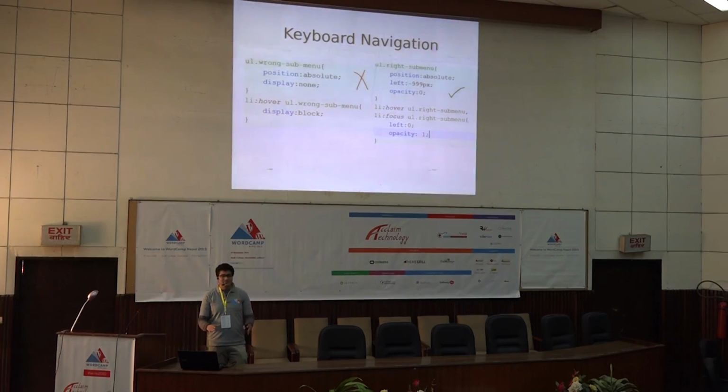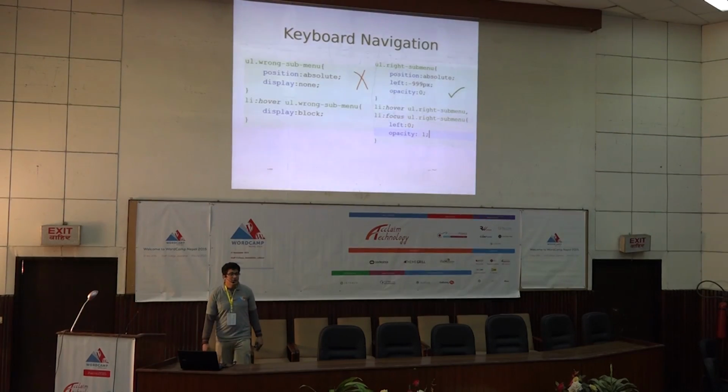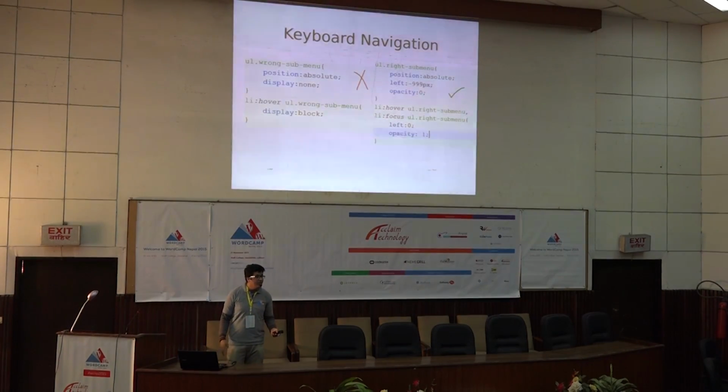So every person in the world will not be using your system through a mouse or a touchpad. They may be suffering from various diseases that will not let them use the mouse. So if your menu is not friendly without the mouse, they cannot use your website. So what is the use of it? A small tweak, like if you hide the menu with position absolute instead of hiding it with display none, it will do the trick.